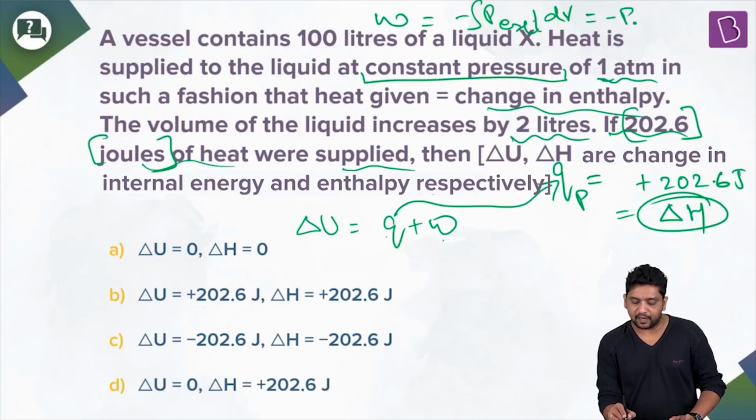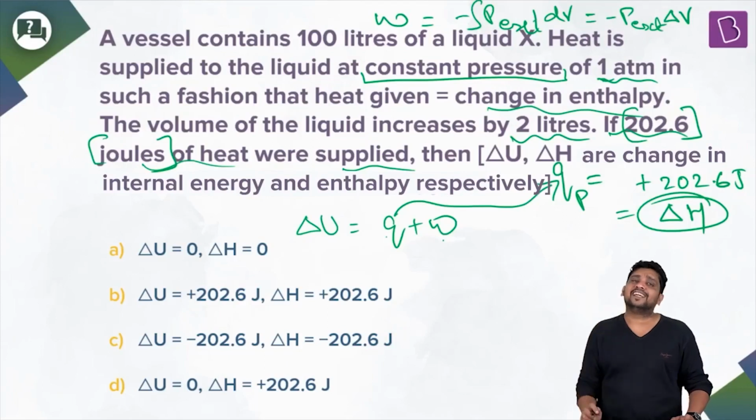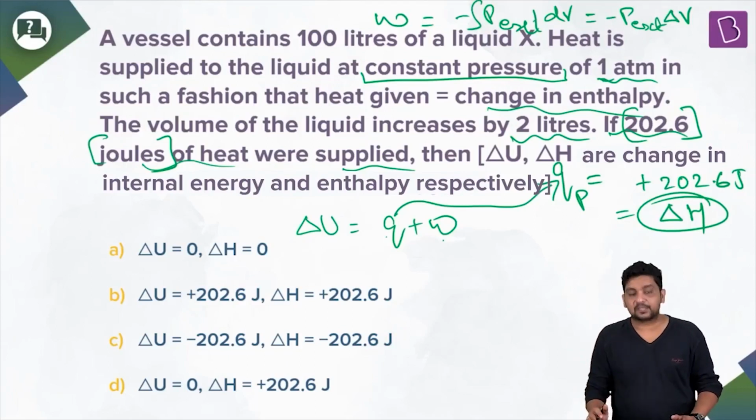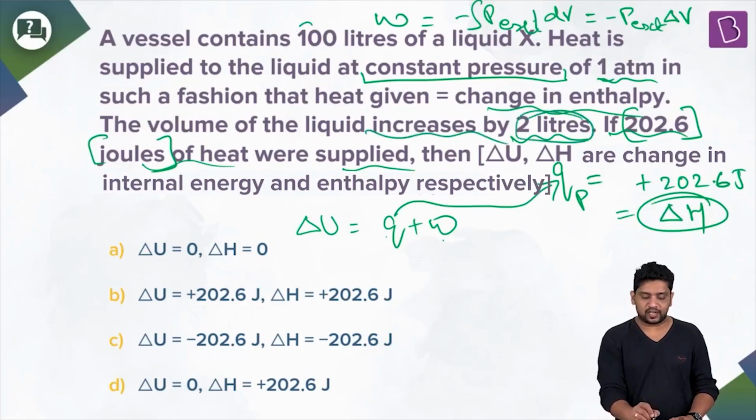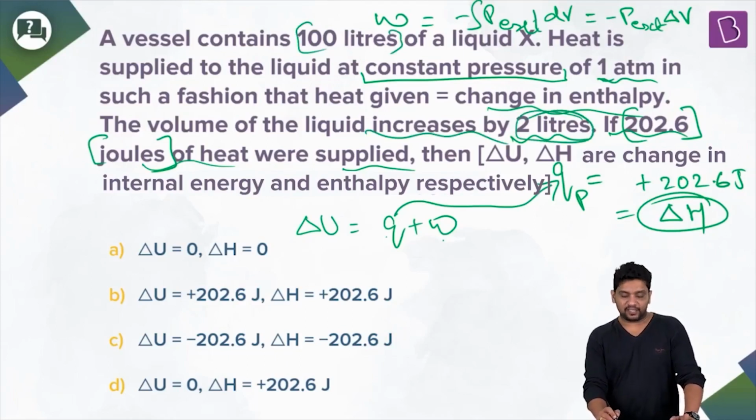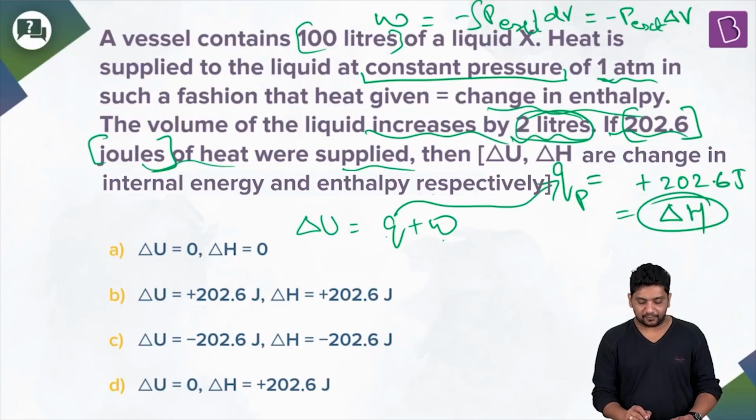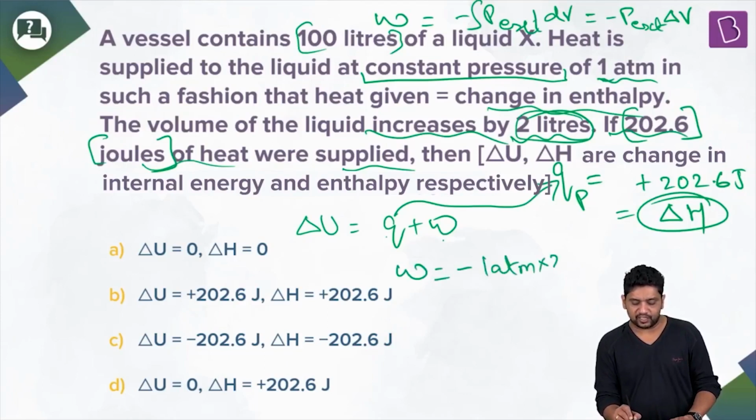We end up getting minus P external into integral dV, which turns out to be minus P external into delta V. Now, do I know delta V? Yes, because we know that the volume increases by 2 liters. It was originally 100 liters, it is now 102 liters. Volume change, delta V, is 2 liters. So work done W will be equal to minus P external into 2 liters.